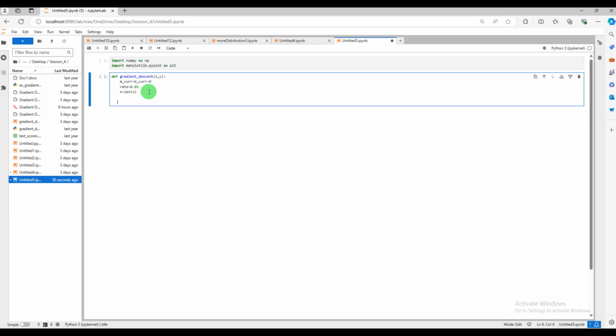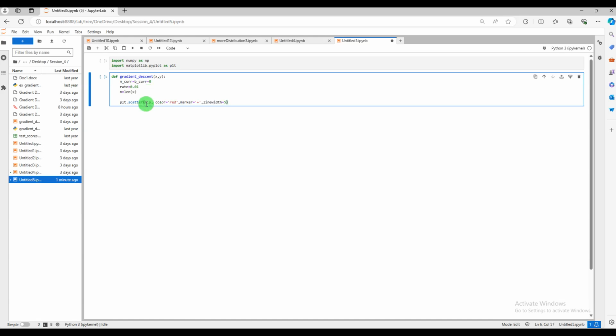And plt.scatter(x, y, color of red, marker called plus, and line width is equal 5).